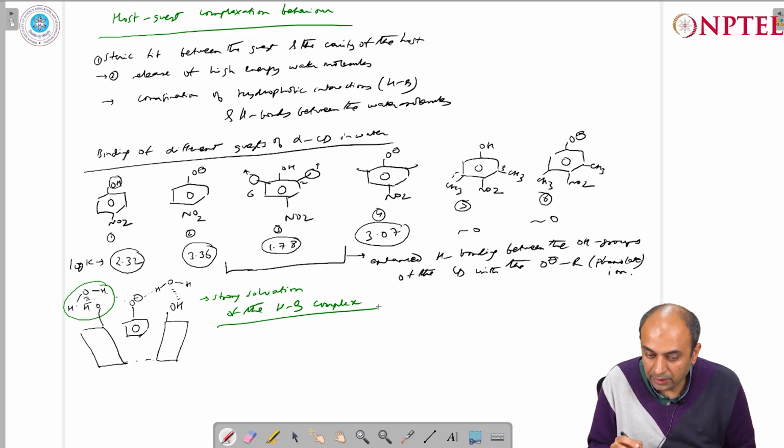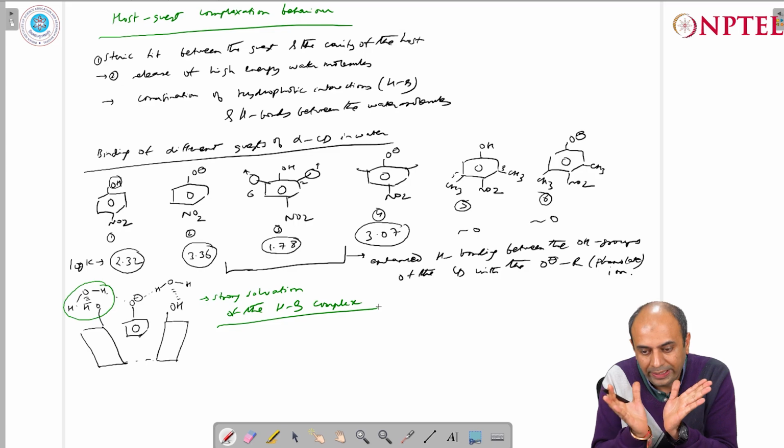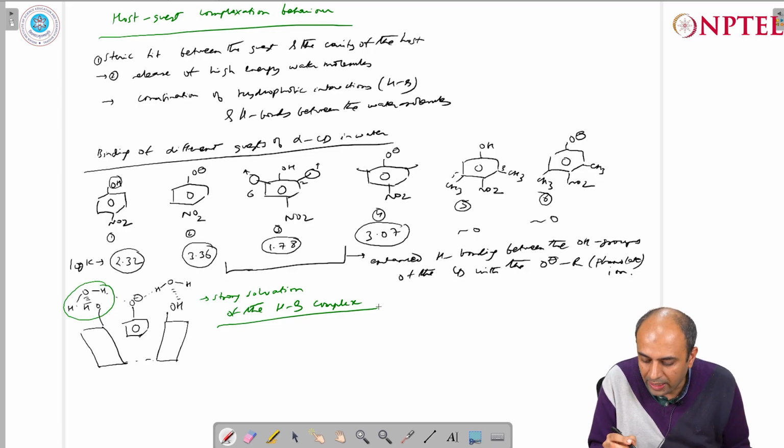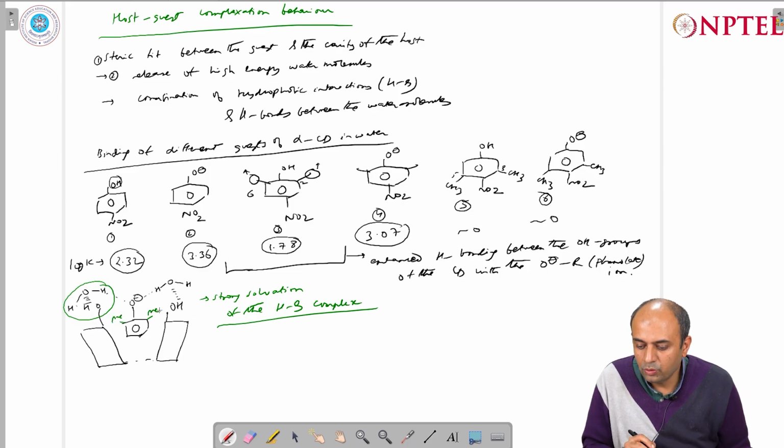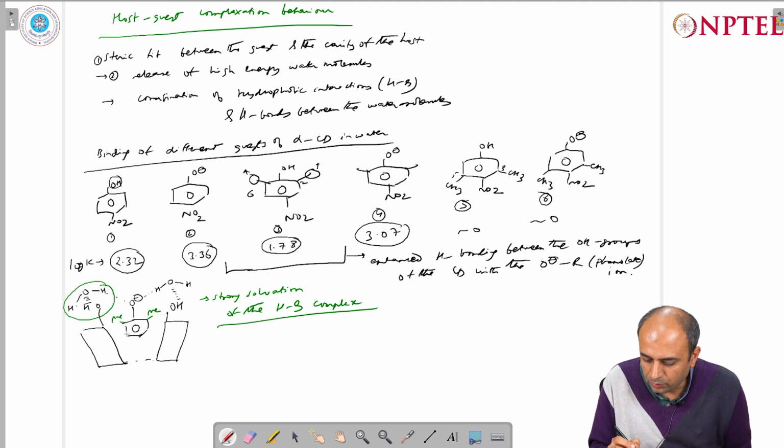Definitely, because the upper rim is wider, there is much more space available to accommodate the methyl groups, and this particular guest can now be easily accommodated here.